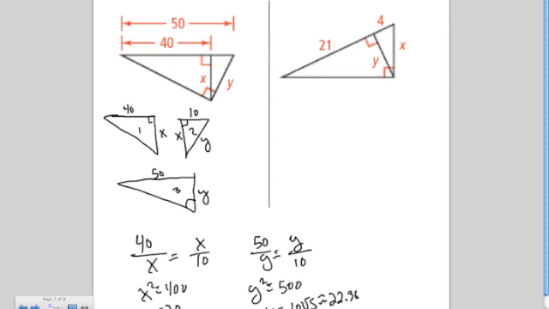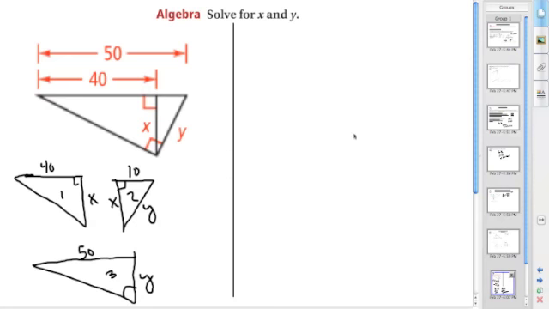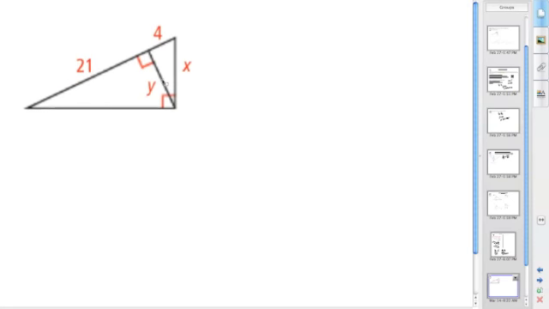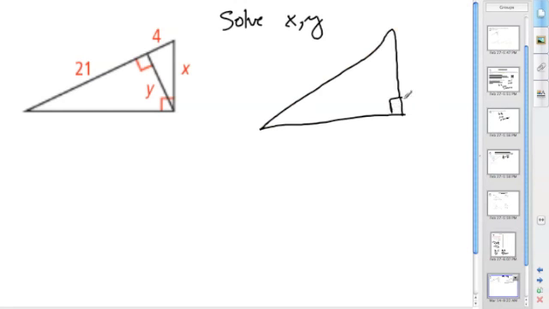Again, draw out your triangles. It's going to make stuff a lot easier. Solve for x and y. I'm going to draw out my triangles. I have the length here is 25. I have my short triangle, which is x, 4, y.